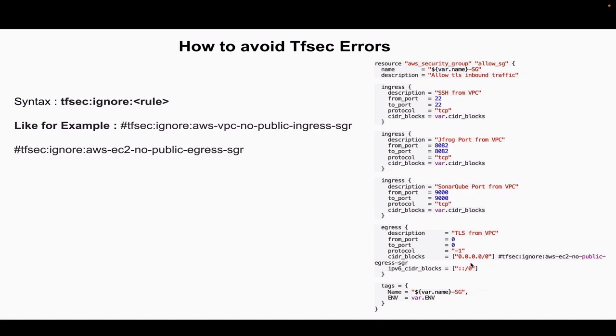Then only can we avoid the TFSec errors. We can keep that 0.0.0.0/0, but we have to add these tfsec comments in the security file, in the Terraform file. Then only will it run all the pipelines successfully.